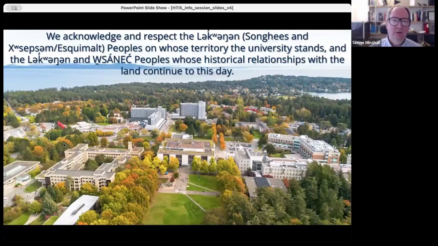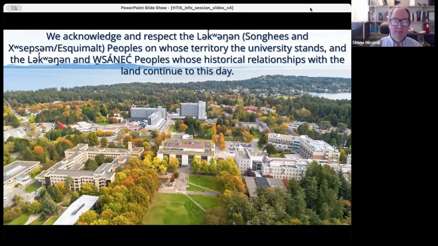I will begin with the territorial acknowledgement. We acknowledge and respect the Lekwungen, that's the Songhees, Kosepsum, Esquimalt peoples on whose territory the university stands, and the Lekwungen and Wasanich peoples whose historical relationships with the land continue to this day. And the land in this case is the University of Victoria campus, which is shown in the picture below.